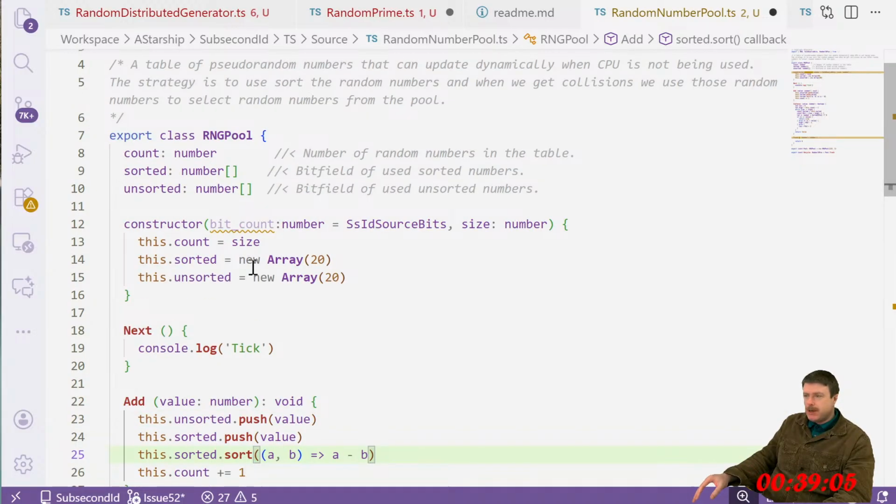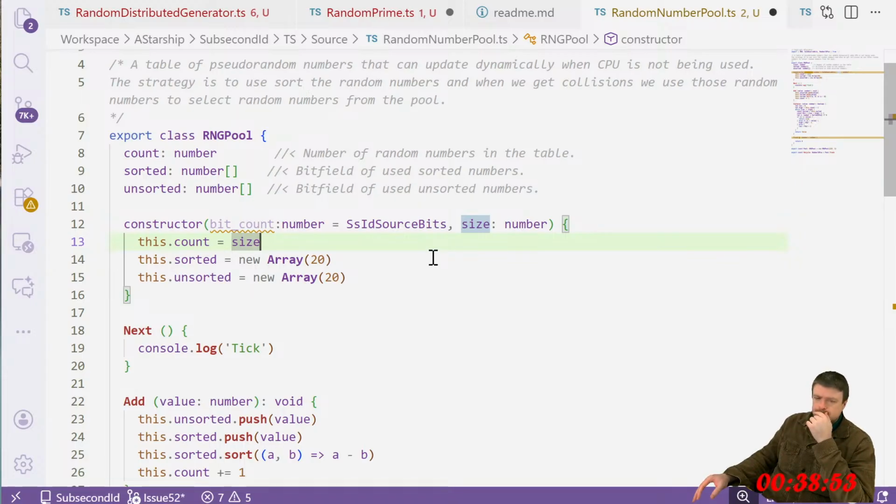I can optimize that later, I guess. Bit count. Do I want to do a random number generator pool? So what's the point of this?